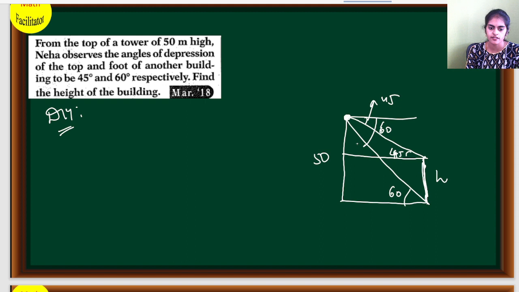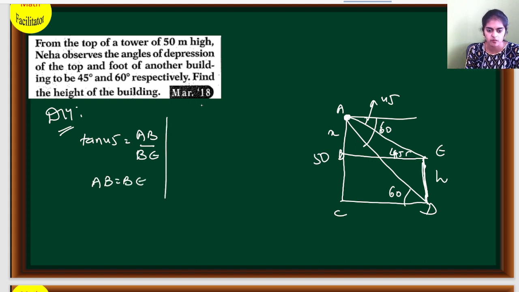So here 2 triangles are formed. So try it. Suppose I take this as x. A, B, C, D, E. So you will get tan 45 equal to AB by BE, or AB equal to BE. Since it is tan 45, both are equal.